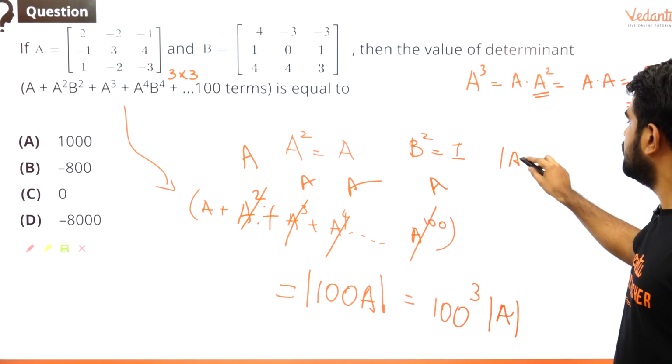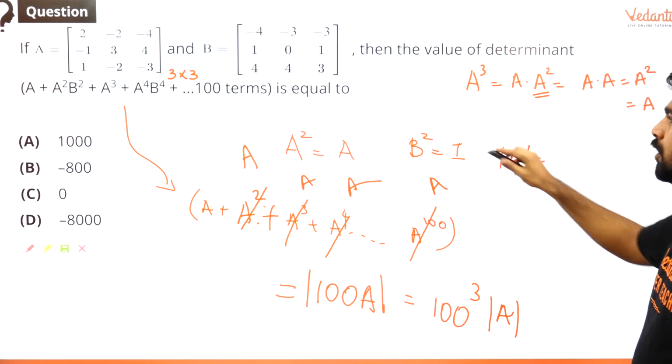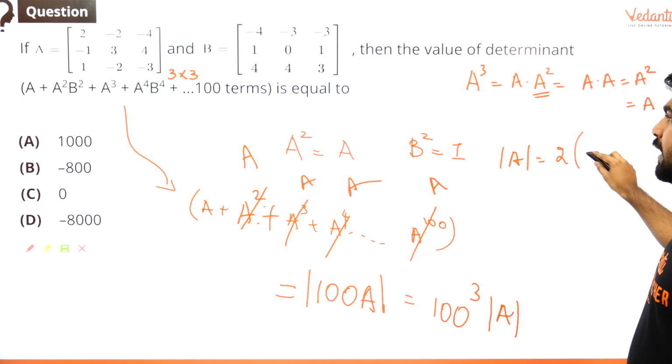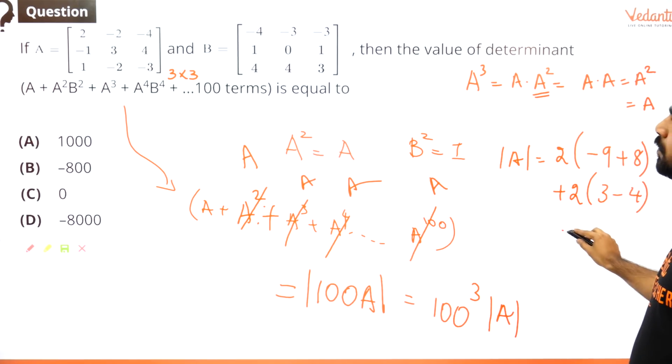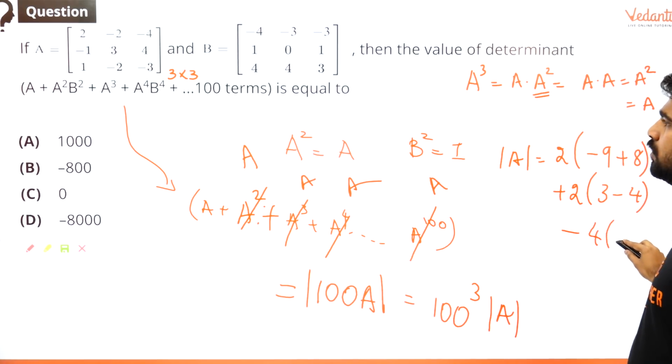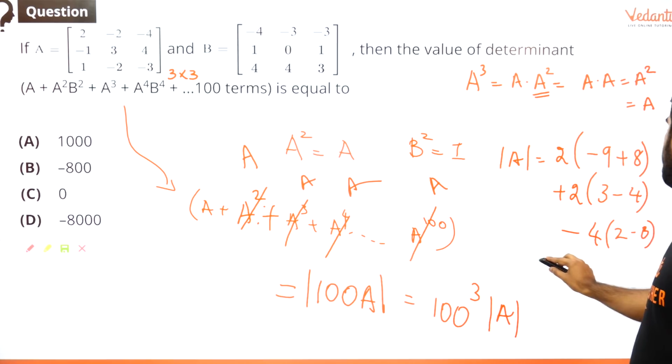So determinant of A is going to be equal to 2 into minus 9 plus 8, and then plus 2 into 3 minus 4, minus of 4 into 2 minus 3. So what do you have here?